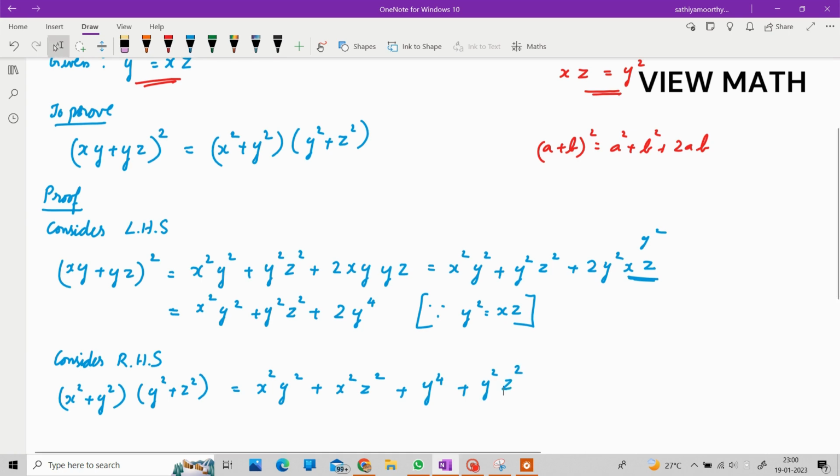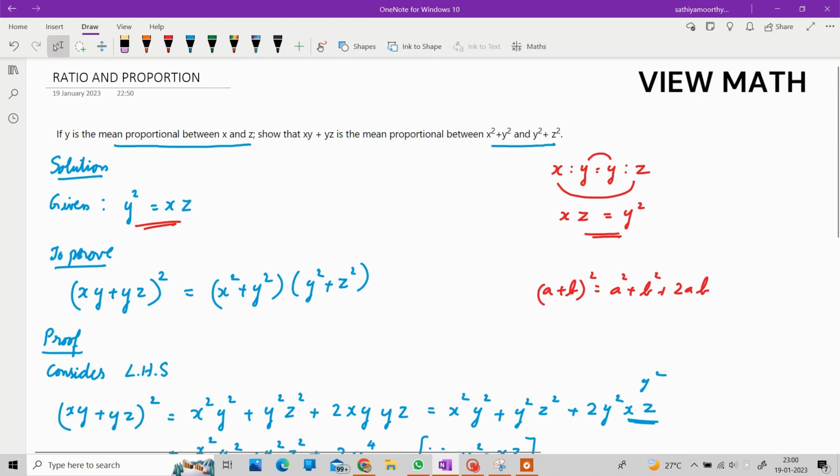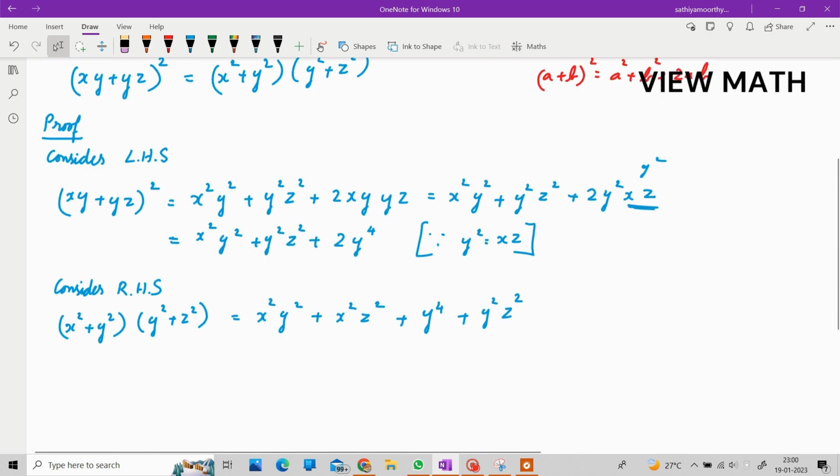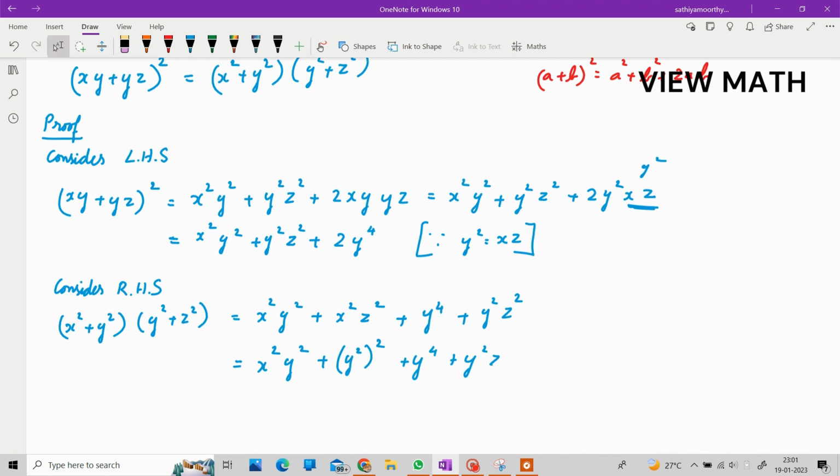Now again I'm using the given condition, y square is equal to xz. So I'm going to substitute x square z square as y power 4, since xz is y square, so squared it becomes y power 4. So this is equal to x square y square plus y power 4 plus y power 4 plus y square z square.